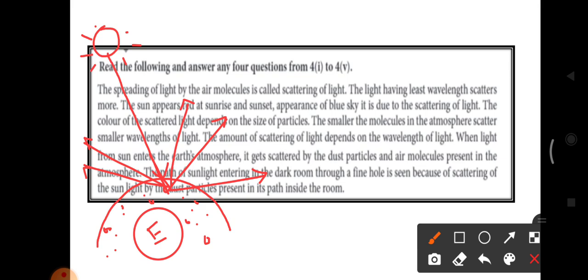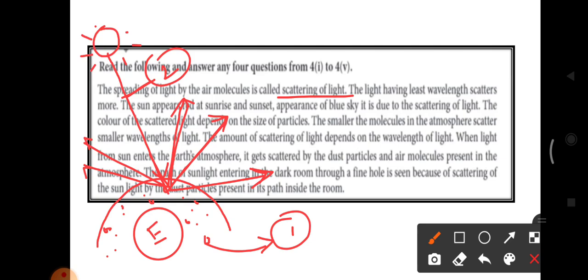This is called scattering of light. So this scattering depends on the two factors. One is the size of the particle and another one is the wavelength of the light.